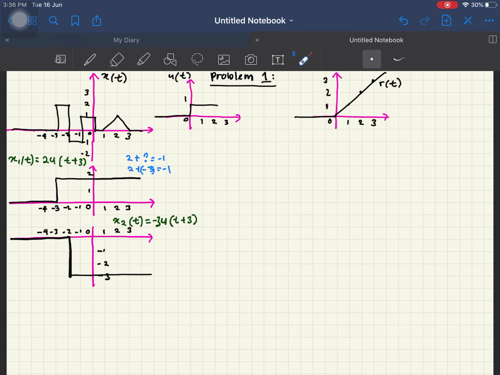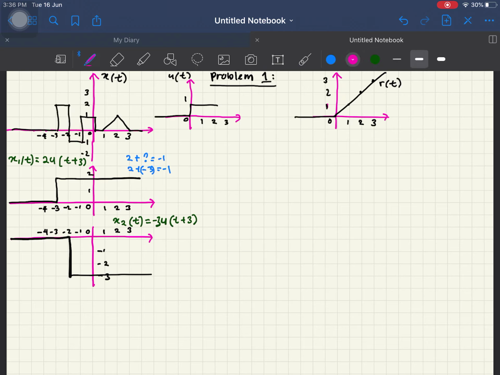Now at t equals minus 1, the signal changes again. The amplitude changes from minus 1 to positive 1, which means you have another signal added to these two signals in order for the amplitude to change from minus 1 to positive 1 at t equals minus 1.